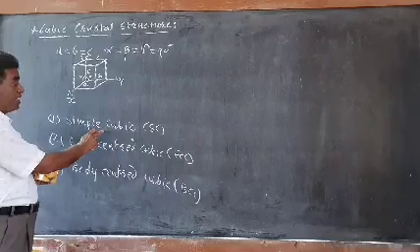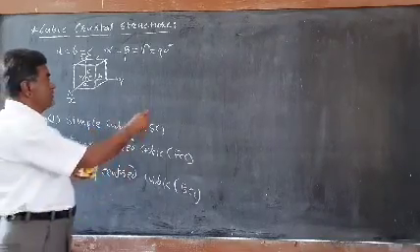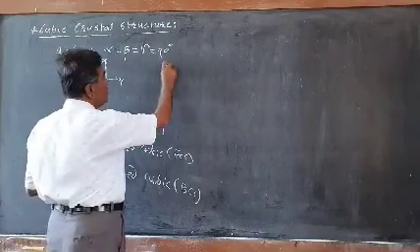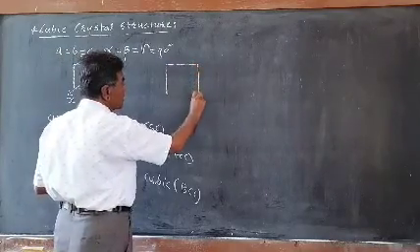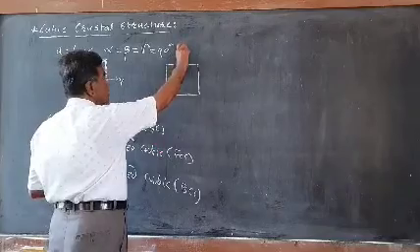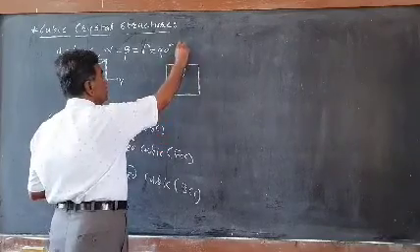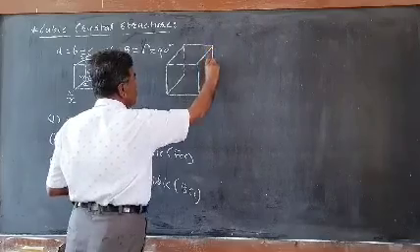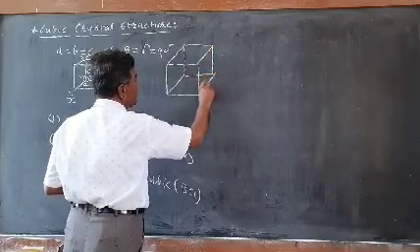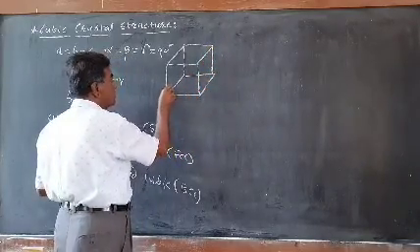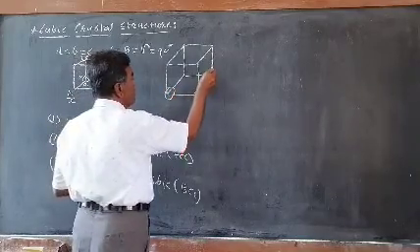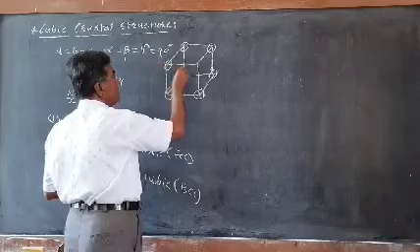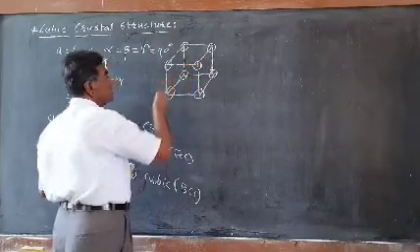It can be obtained when the corners of the unit cell are occupied by the atoms. So only the corners are occupied by the atoms here. There are 8 corners, and the 8 corners are occupied by atoms like this.